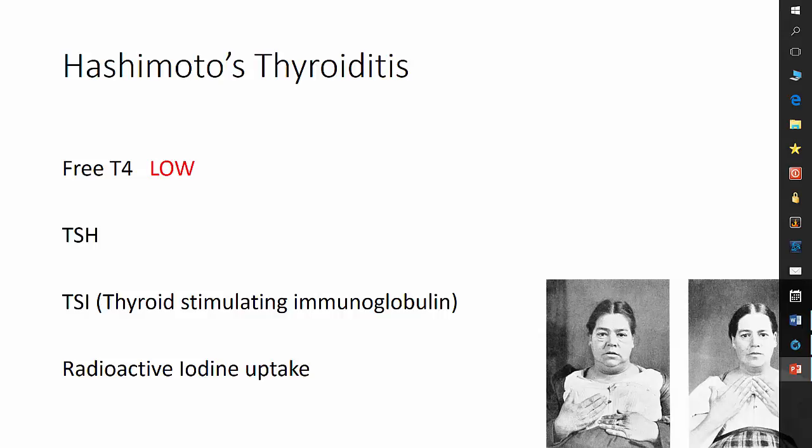Initially, it may present as hyperthyroidism because as the gland is attacked and destroyed, large amounts of T3 and T4 are released into the circulation, but eventually the free T4 will drop, and in laboratory investigation, you'll see a low free T4 and a high TSH level. The thyroid stimulating immunoglobulin will be negative, and the radioactive iodine uptake will be low.